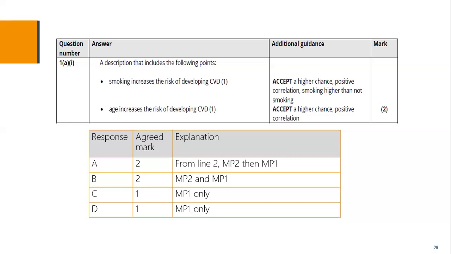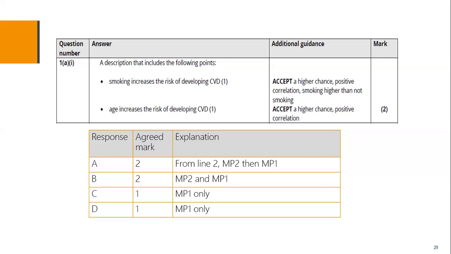The same with response D. Smoking is a risk factor for all ages, no comparison. The group for smokers had a higher relative risk of developing CVD. Clear comparison. In the previous specification, marks were quite often awarded for taking information from the graph, just quoting particular points on the graph. But with the new specification, that is no longer the case.